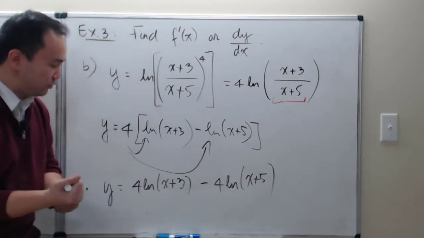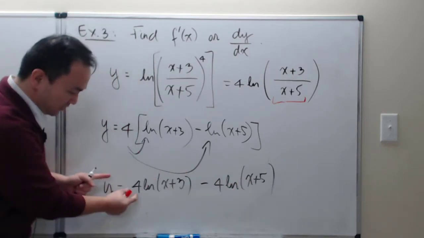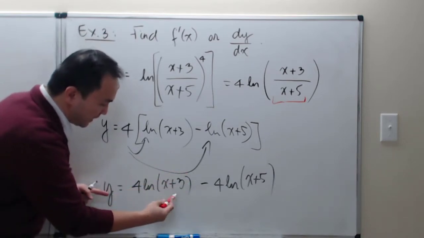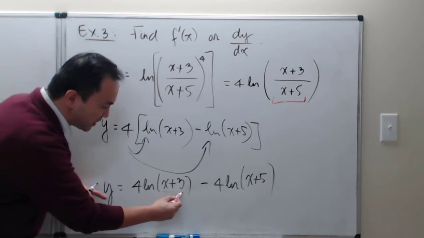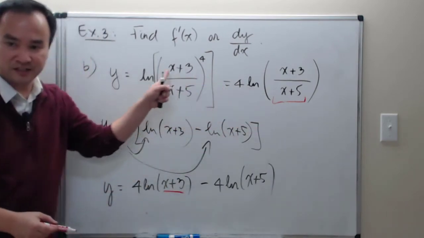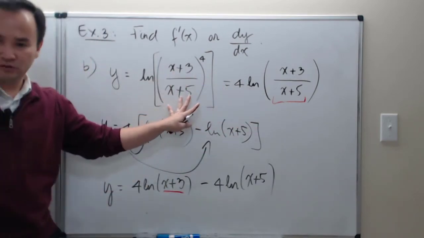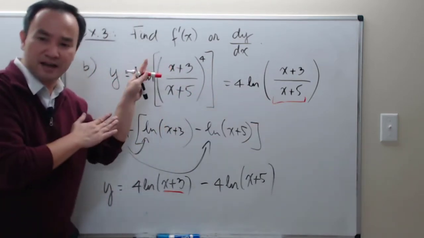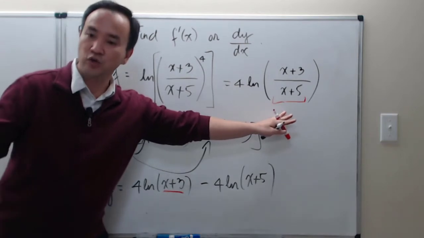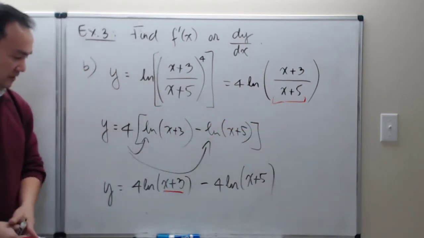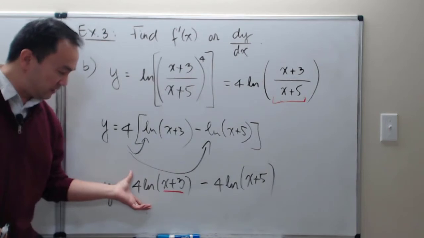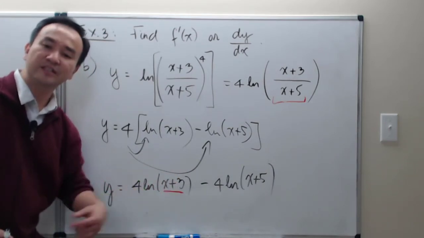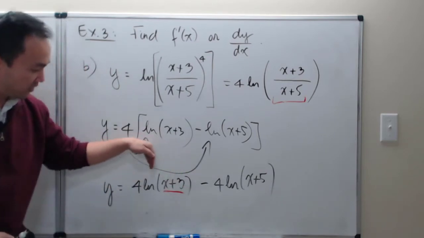The first term has this 4 coefficient multiplied with the logarithm, and the inside of the logarithm is a lot simpler than any of these other things. If we were choosing those as the inside, good luck with that route, because we might make a mistake. But using the chain rule for this term, taking that as the inside, is a lot easier. So now I'm going to find the derivative of that first term.